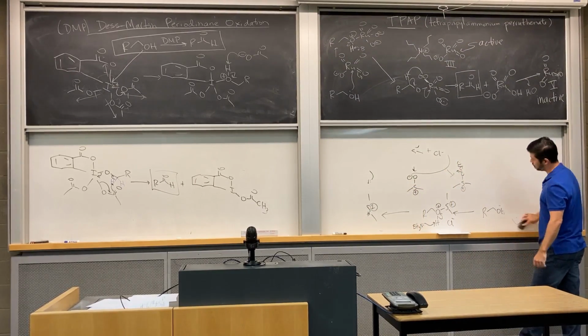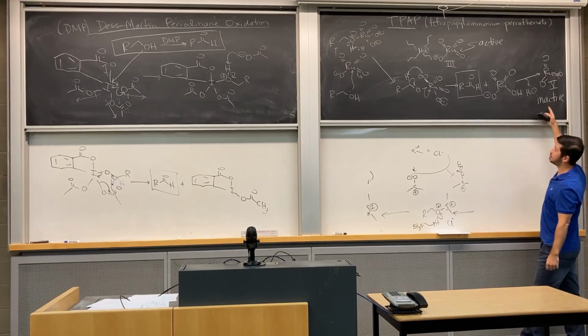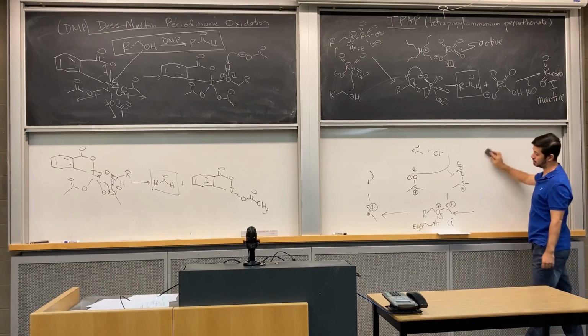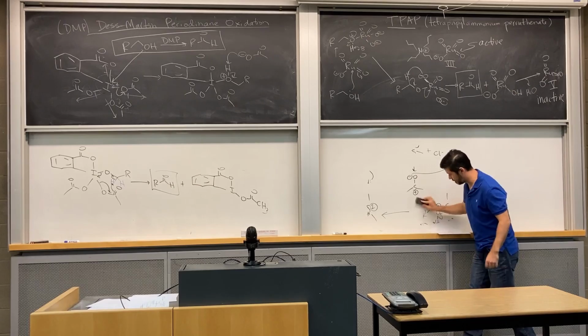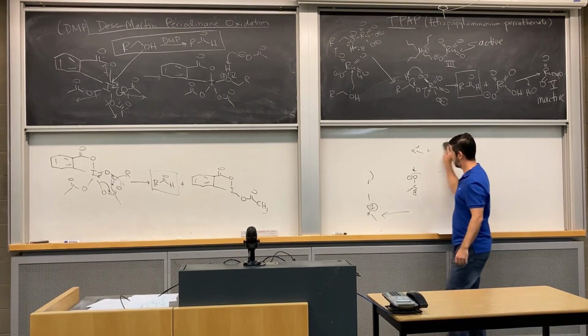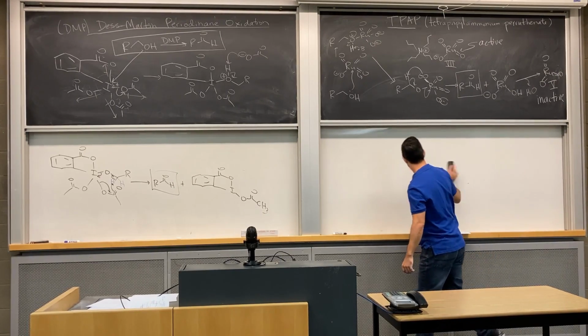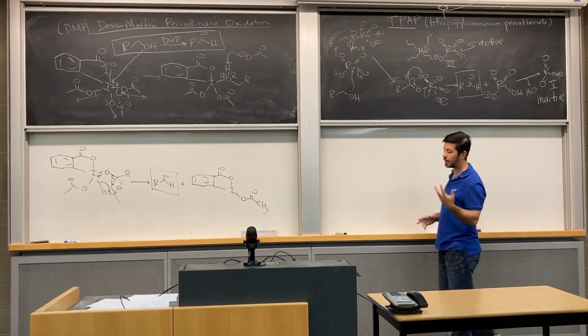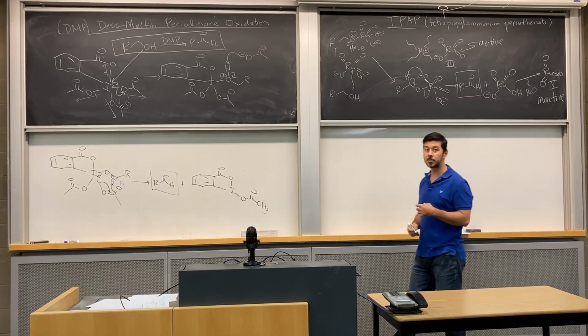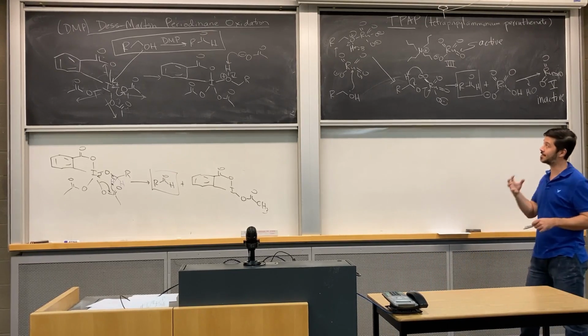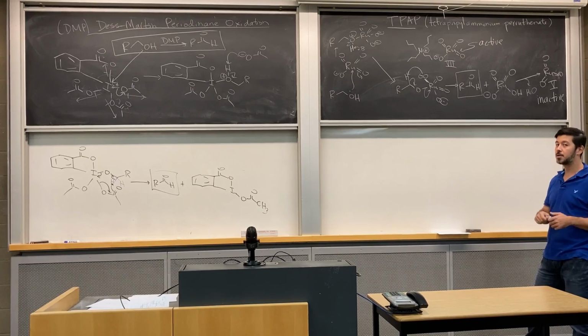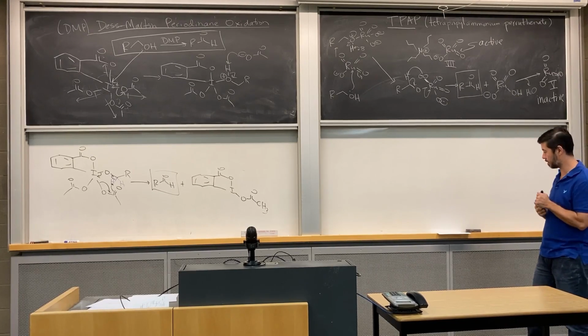So what we need to do is think of a way to go from this inactive complex and reactivate it so that we can get another ruthenium compound in the +7 oxidation state so we can continue that oxidation process.